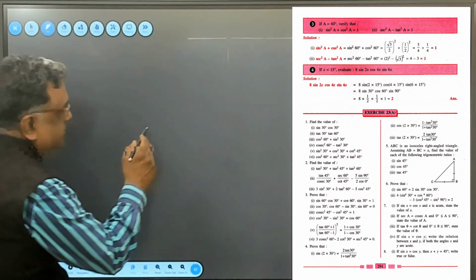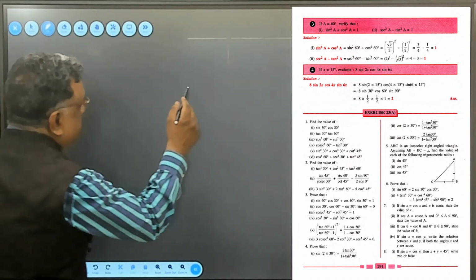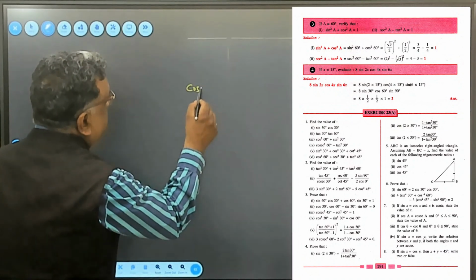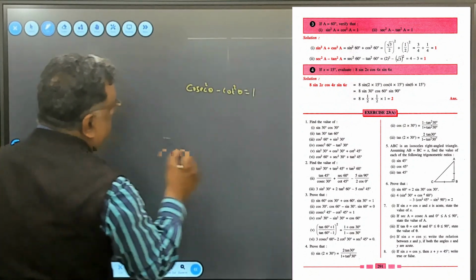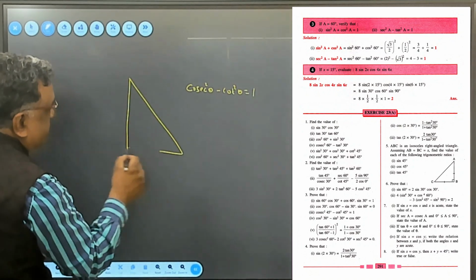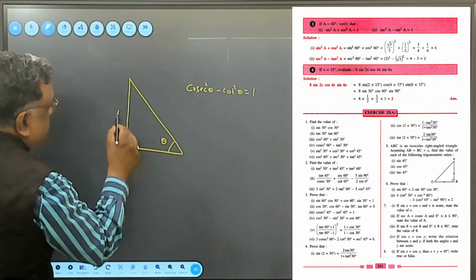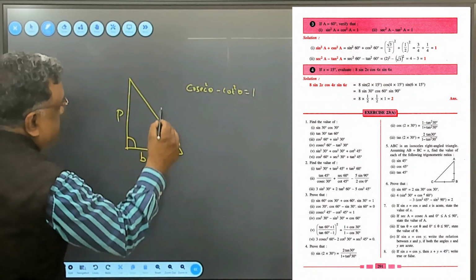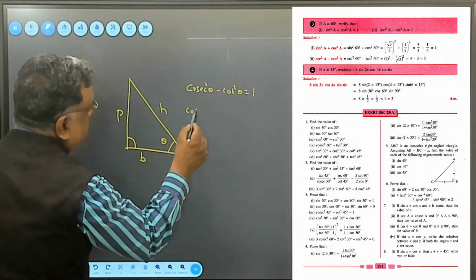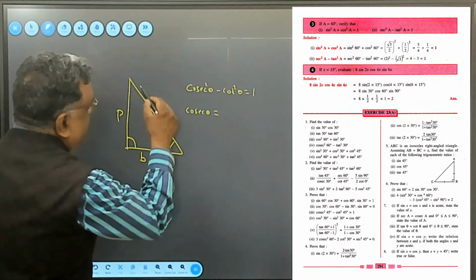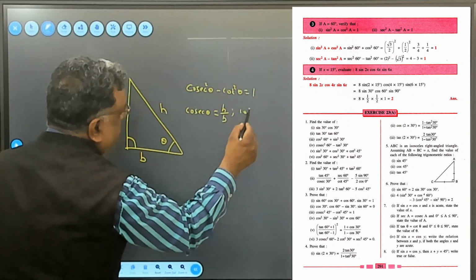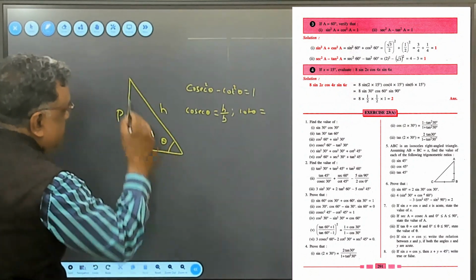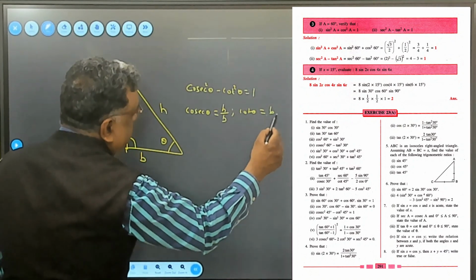Third identity is cosec square theta minus cot square theta is 1. So again, this is theta, this is p, this is b, this is h. What is cosec theta? Cosec theta is hypotenuse upon opposite side, which is h upon p, and cot theta is adjacent upon opposite, which is b upon p.